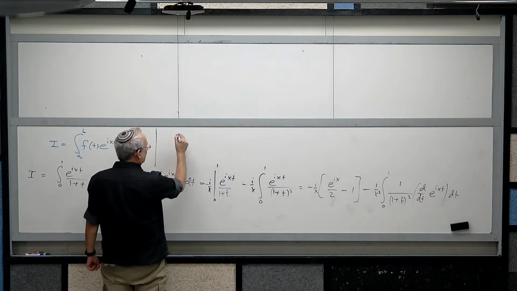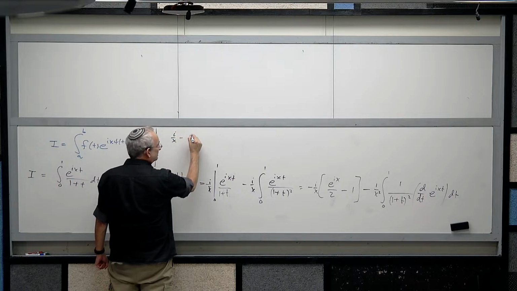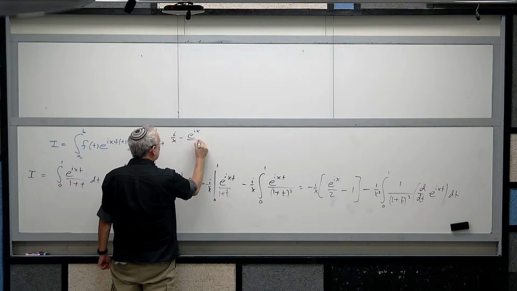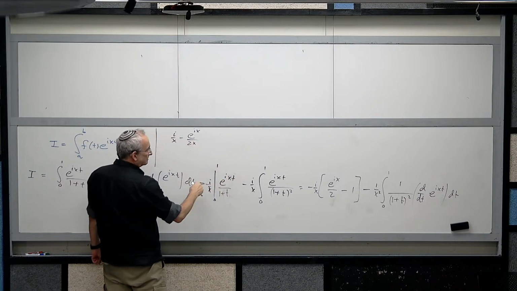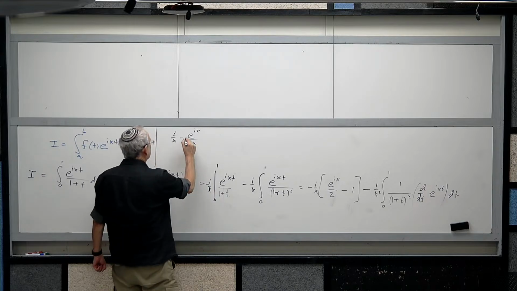So, what we have until now: I over x minus e to the I x over 2x. Those are the first two terms.